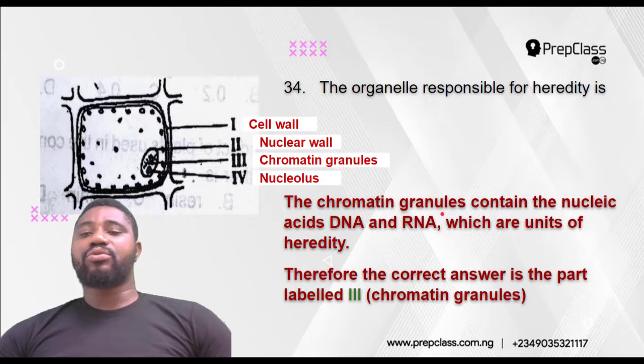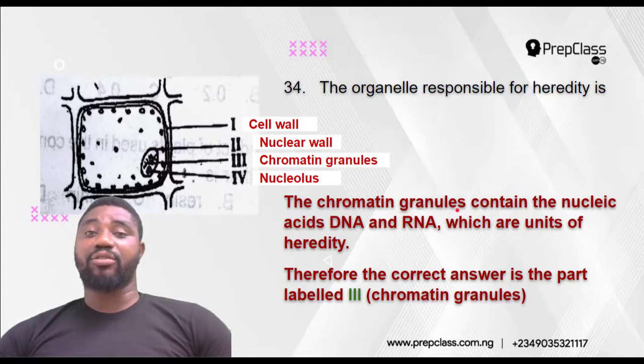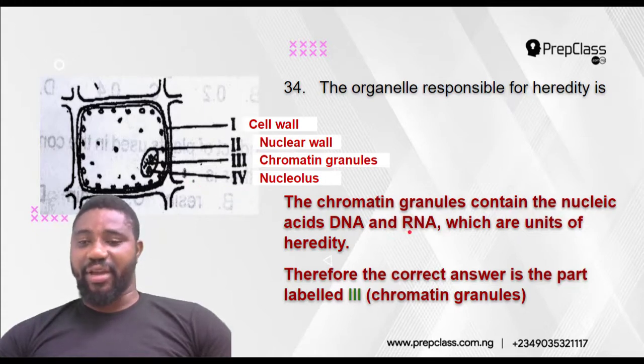Now, the chromatin granules contain the nucleic acids, DNA and RNA. Chromatin granules simply means chromosomes. During cell division, with spindle fiber formation, these chromatin granules develop into chromosomes. The chromatin granules or chromosomes contain the nucleic acids DNA, deoxyribonucleic acid, and RNA, ribonucleic acid, and they are the units of heredity.